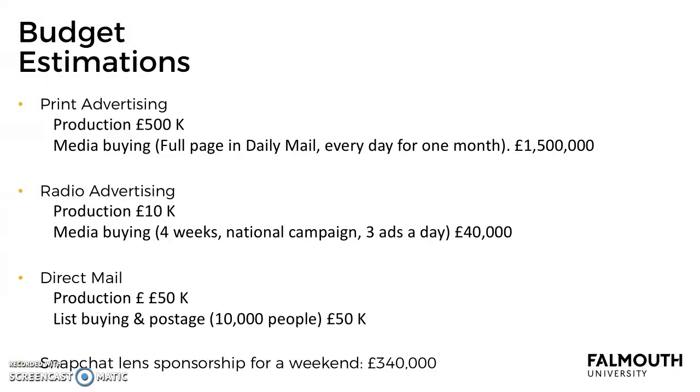And I've also got a price here for some direct mail, and I've also included a cost here for sponsoring a Snapchat lens for the weekend, and that costs around £350,000.